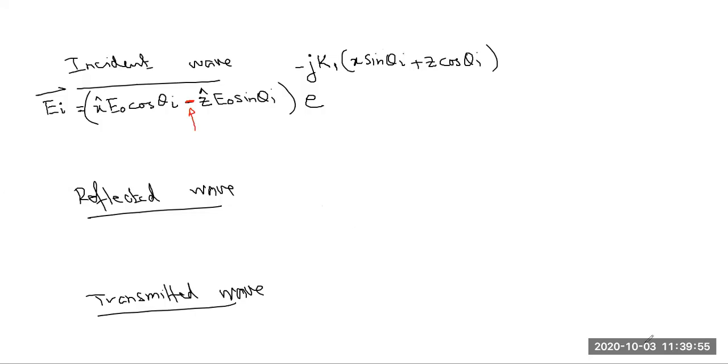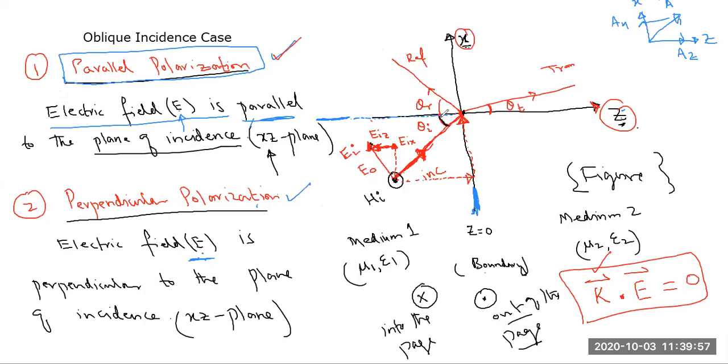Again, simple geometry: if this is the angle it is making, it will have two components, with one you get cos theta i and with the other you get sine theta i.